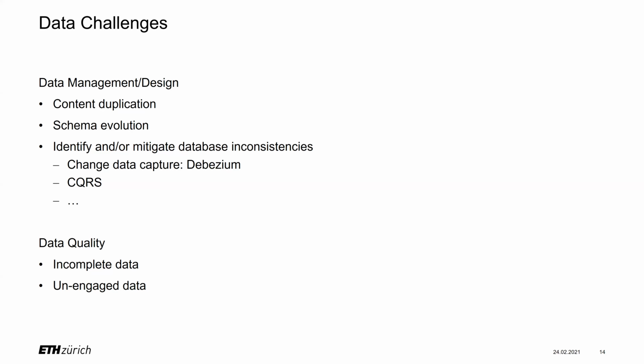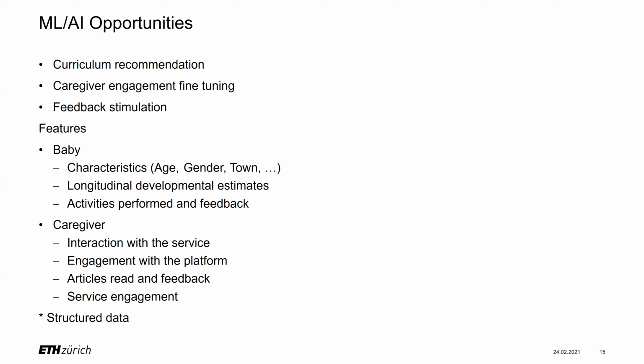And finally, from the machine learning and artificial intelligence opportunities within this ecosystem, through the information that we gather from the caregivers and the babies, we could improve our curriculum recommendation.